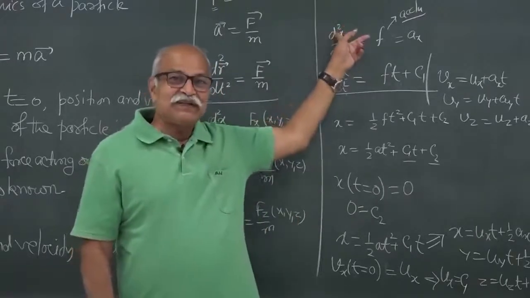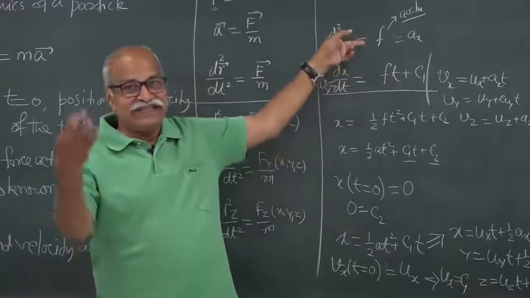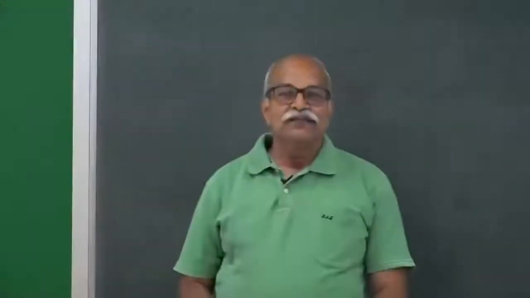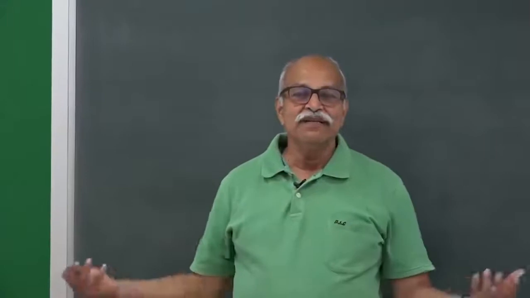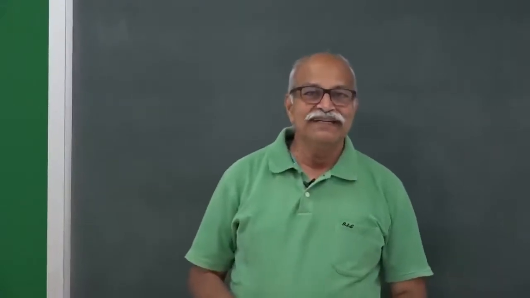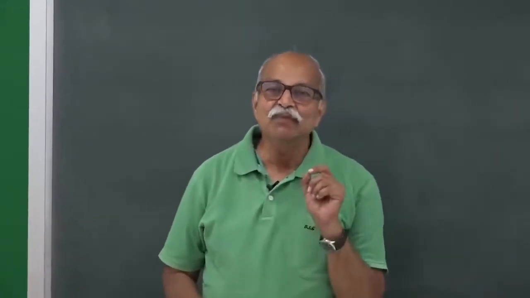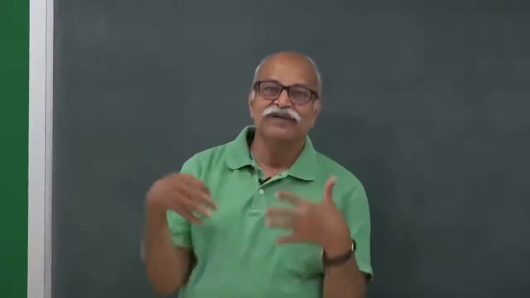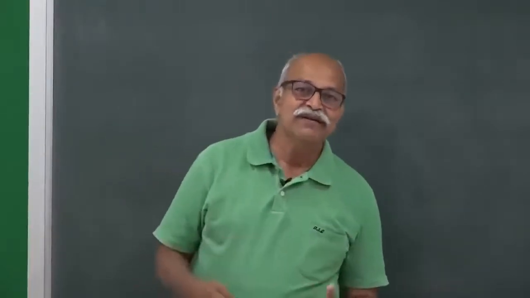So, let me talk about those physical quantities. One very important parameter in Newtonian mechanics is linear momentum of the system you are studying. It may be a single particle or a system of particles, rigid body, whatever. Linear momentum.